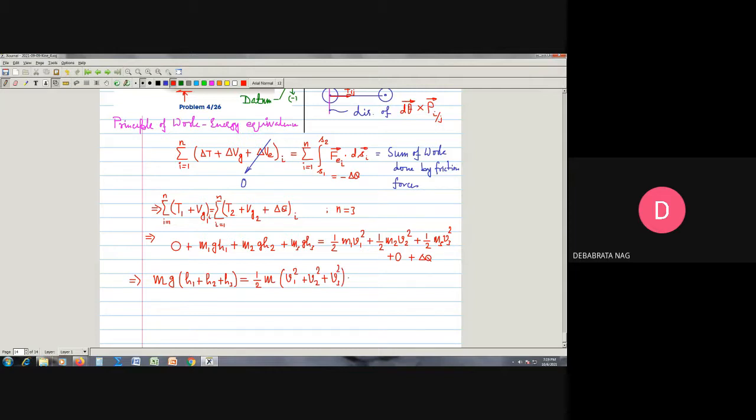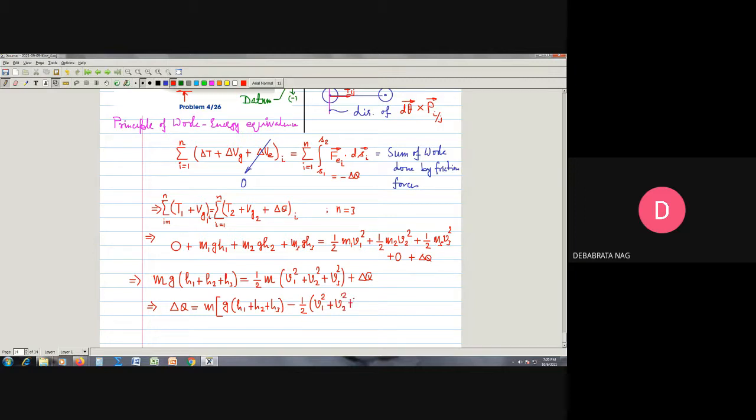Since our objective is to find this energy loss, we can further simplify this equation: delta Q will be equal to M common, G into H1 plus H2 plus H3, minus half V1 square plus V2 square plus V3 square.